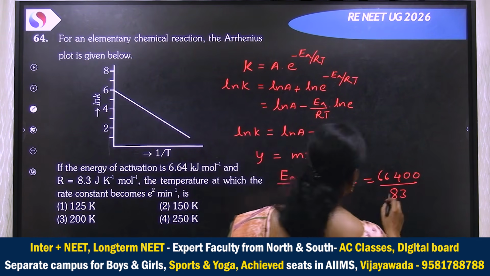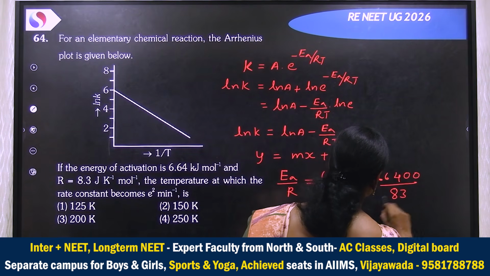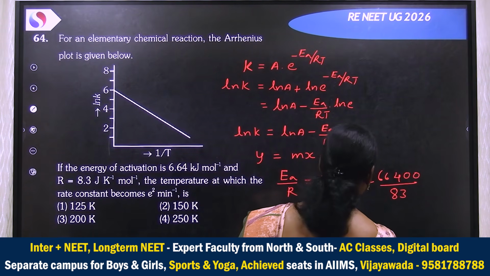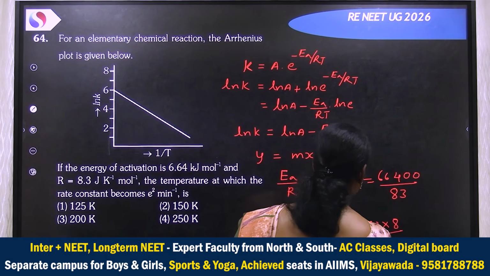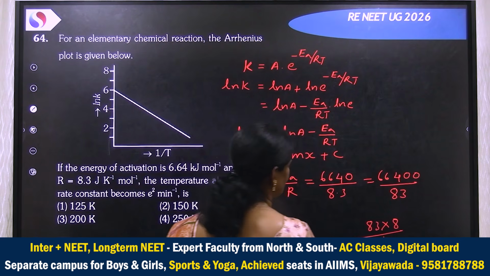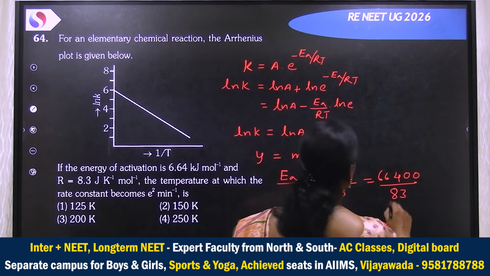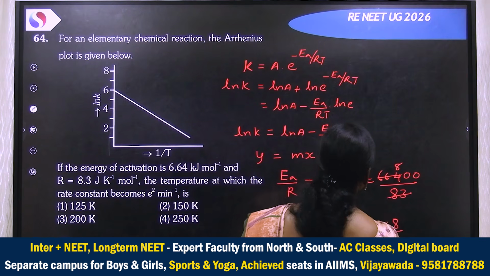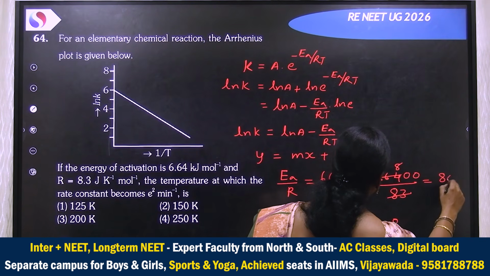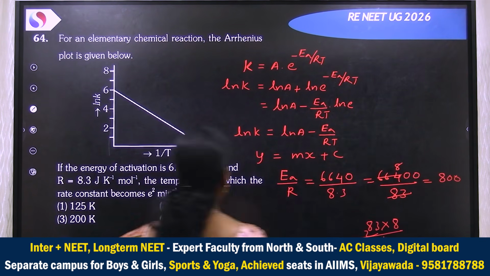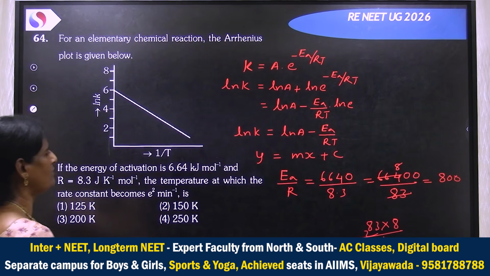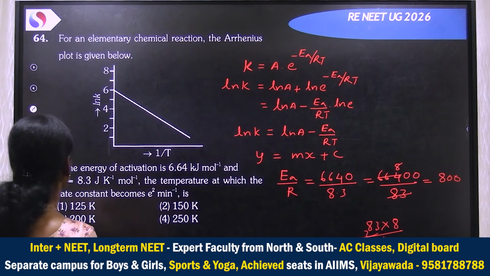And 83, how many times? Suppose 83 into 8 times: 8 threes are 24, 8 eights are 64, plus 2 is 66. So 8 times, and overall it is 800. So the Ea by R value is 800.